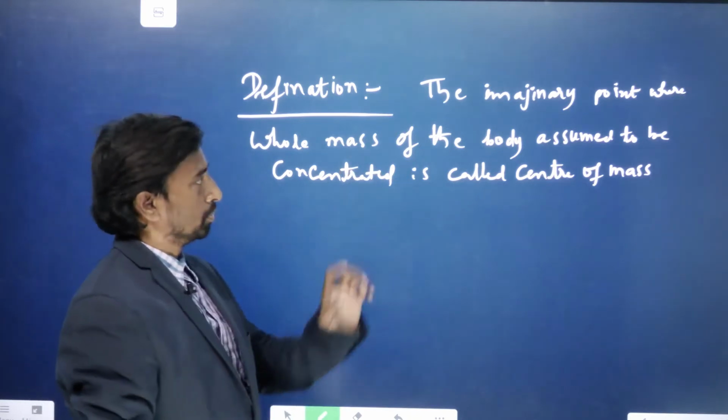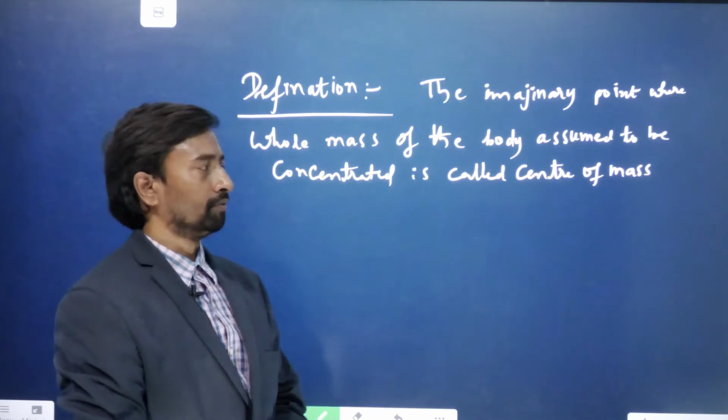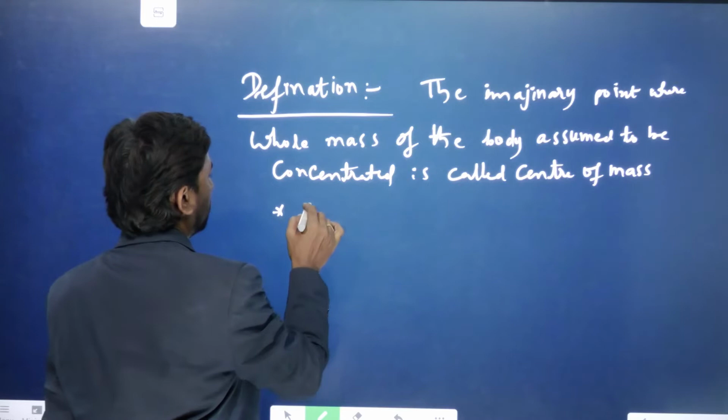Where the whole mass of the body seems to be concentrated, that point is called the center of mass. This center of mass is a balancing point.